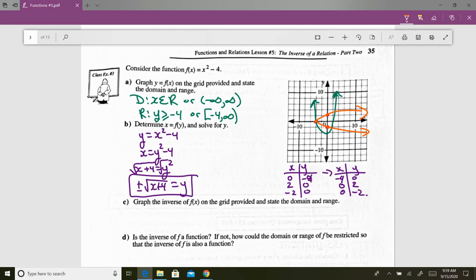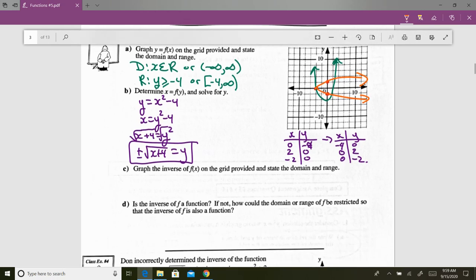All right, can you tell me the domain of the inverse? So looking at the inverse, what is the domain?